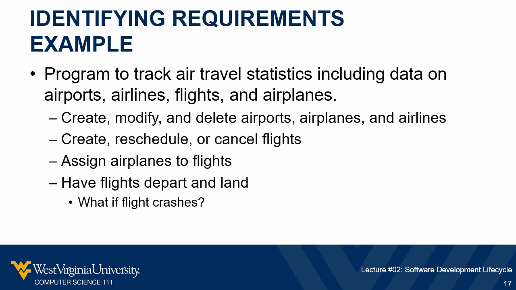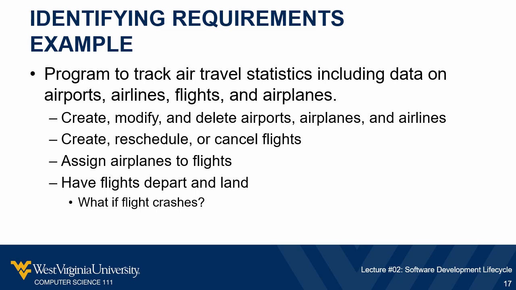So we want to take a look at a little bit lower level here. Let's see how we can break this apart. These would be things that maybe we would even break apart into separate bullet points, but for slide space reasons, I'm combining some of these bullet points. We want to be able to create, modify, and delete airports, airplanes, and airlines. So we need to be able to modify and control that data that we've got.